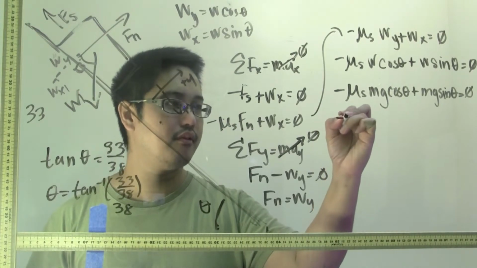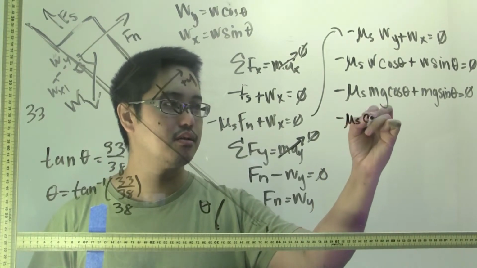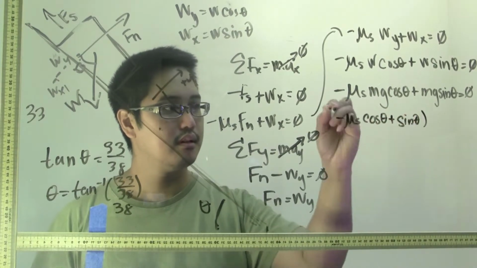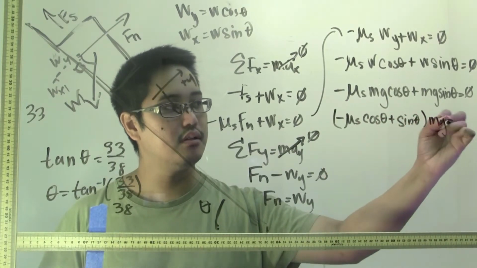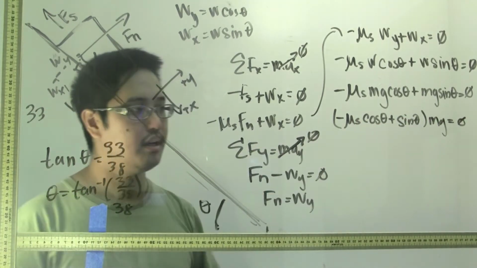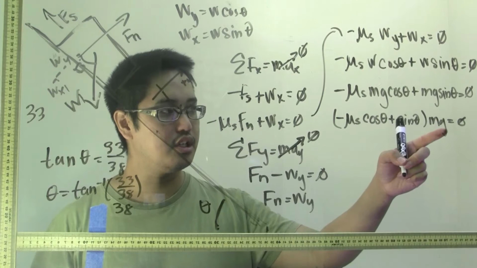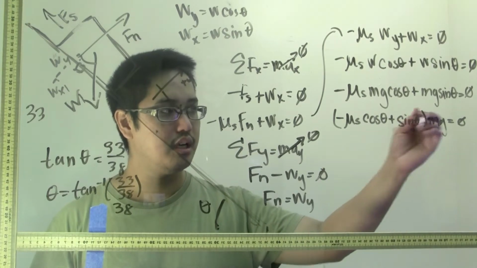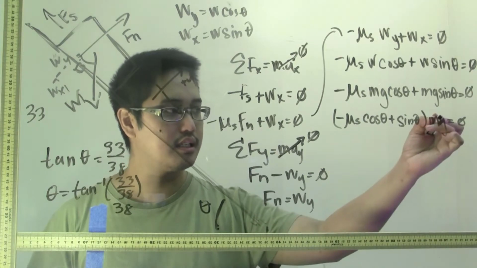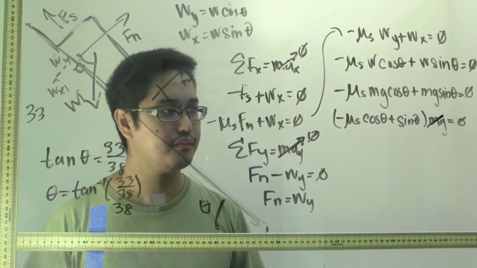And I have negative mu s cosine theta plus sine theta, times mg, equals 0. I just factored out that mg, I can plug that back in and I get the line right above it. But look at this, the m and g, if I divide both sides by m and g, what is 0 divided by mg? It's still 0, so I can just kill this thing right here.